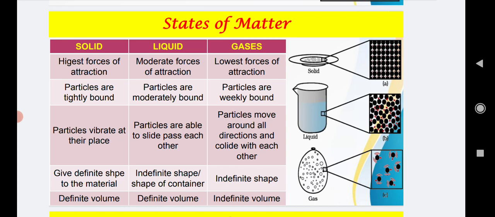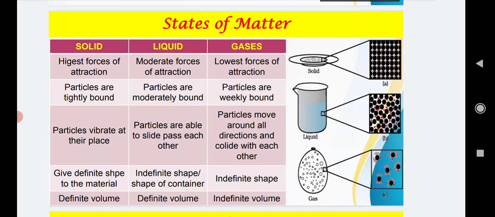So what is liquid? The liquid state has a moderate force of attraction, lesser than solid but greater than gases. Particles are moderately bound. The particles in a liquid can collide with each other and slide past each other. Because of the comparatively weaker attractive forces between them, liquid particles cannot give a complete rigid shape to the matter.